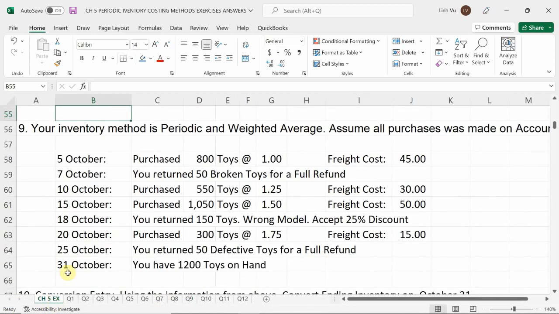All right, October 10. Okay, we end up purchasing 550 toys at $1.25 with a freight of 30. 550, 125, and 30.